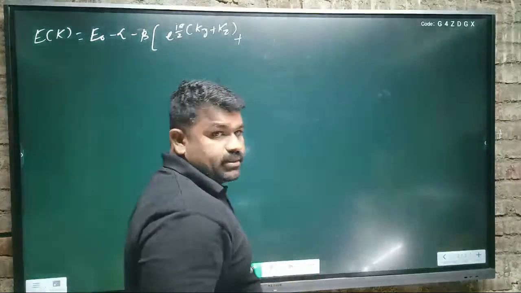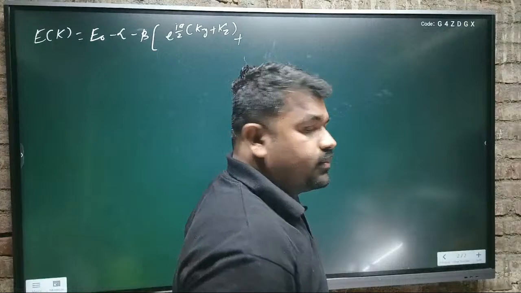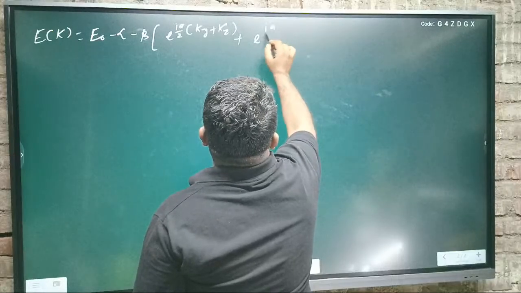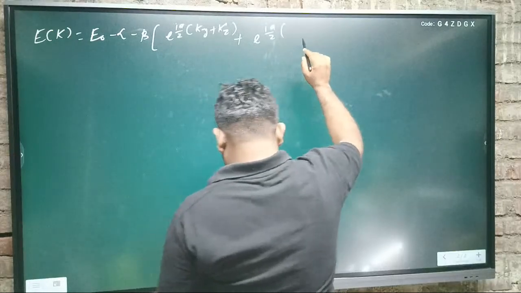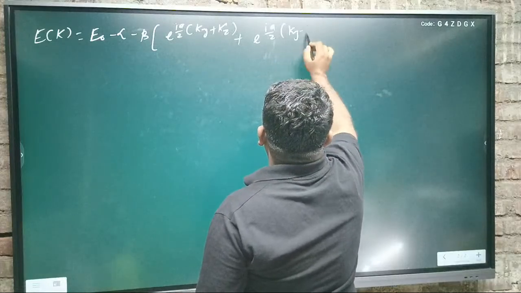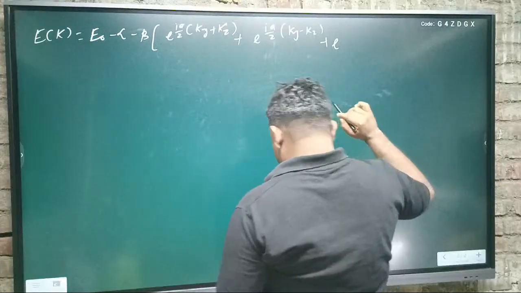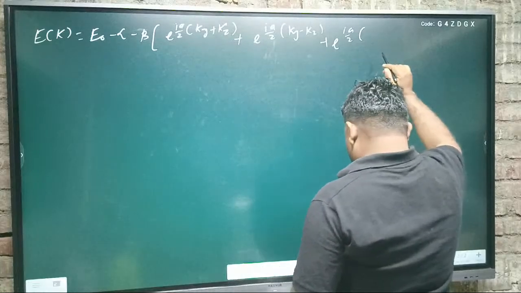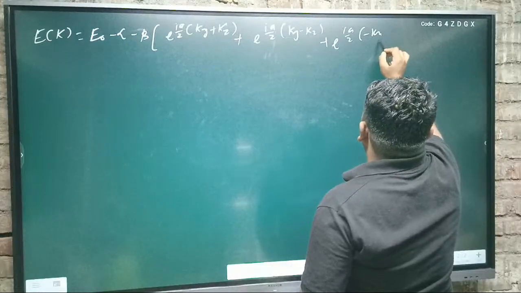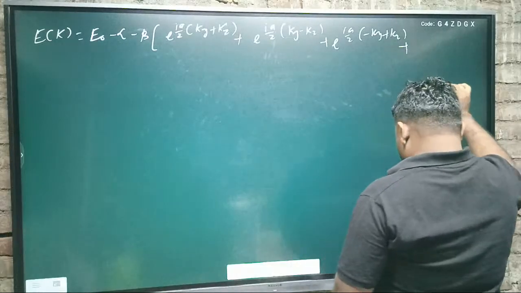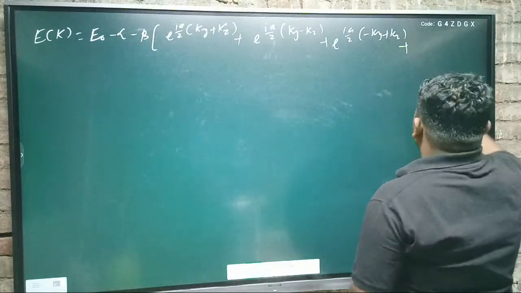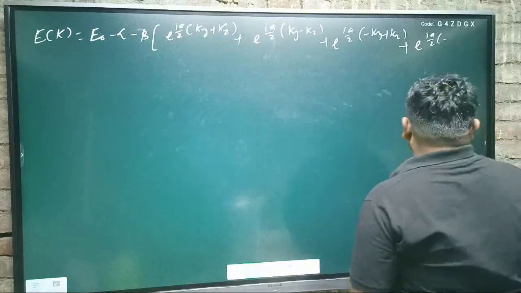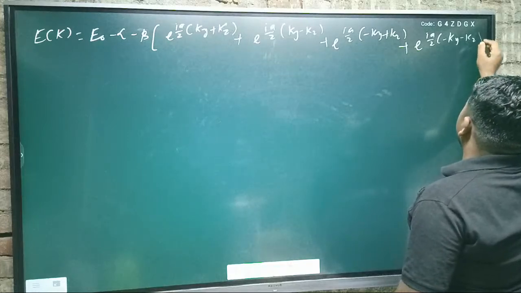Okay, next, second one: plus e to the power i a by 2 (ky minus kz), plus e to the power i a by 2 (minus ky plus kz), plus e to the power i a by 2 (minus ky minus kz). Okay.